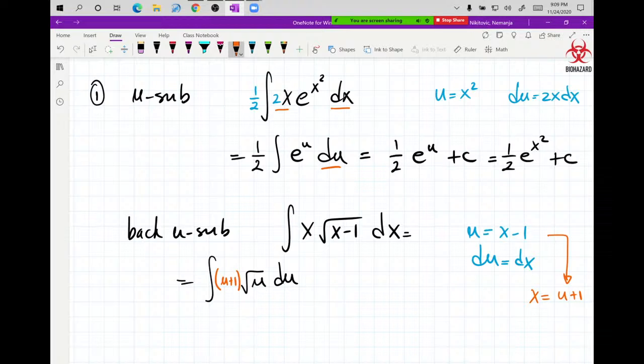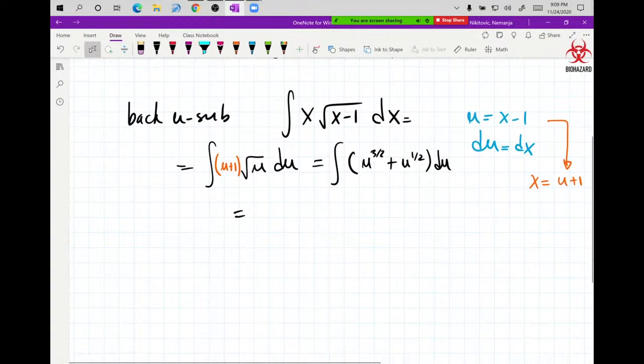not used too much. But now, when you take a look at this problem, it becomes easy because you can now get u to the 3/2 plus u to the 1/2 when you distribute the square root of u, and now the problem becomes easy to solve.